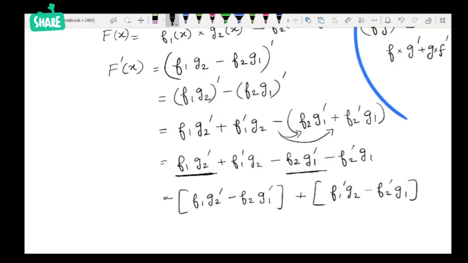Let's write it in a determinant form. We can also choose the first and the fourth and the second and third one. You can try that by yourself, you will get the same answer.